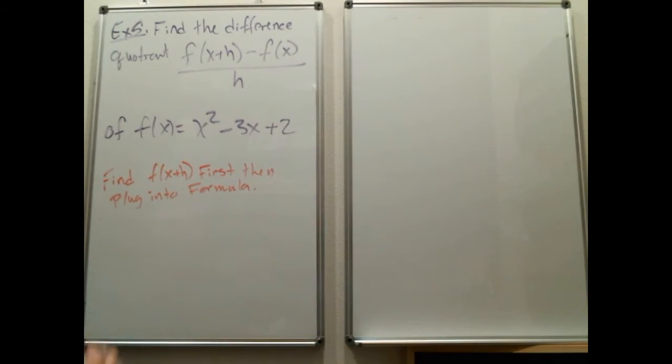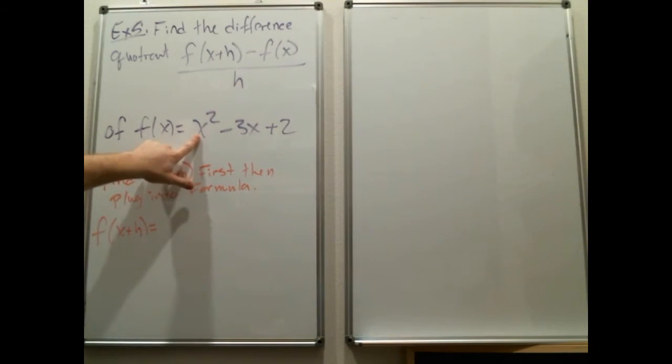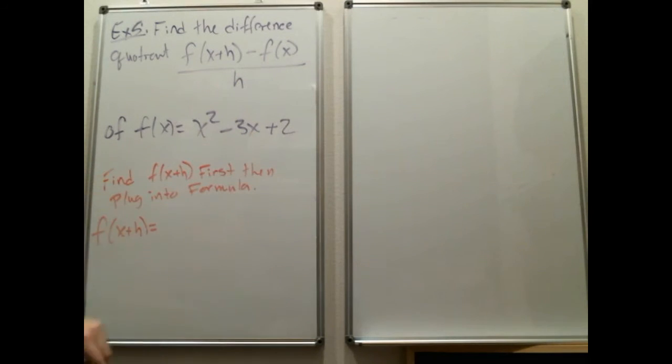Okay? So to find f of x plus h, we have f of x plus h. That's equal to, so this is telling you to take x plus h and to plug it in the f function everywhere there's an x. So x plus h, this becomes x plus h, this becomes x plus h, and this becomes x plus h.